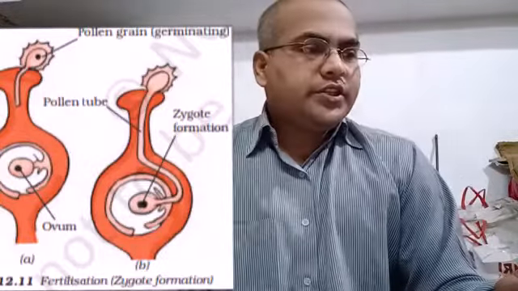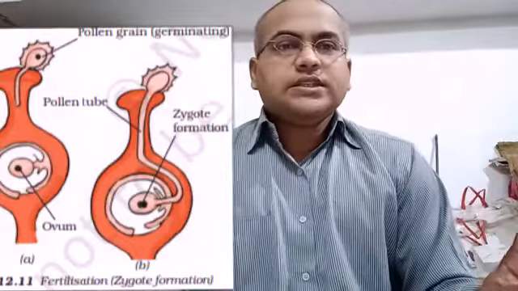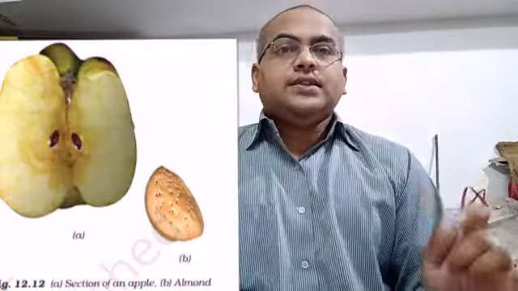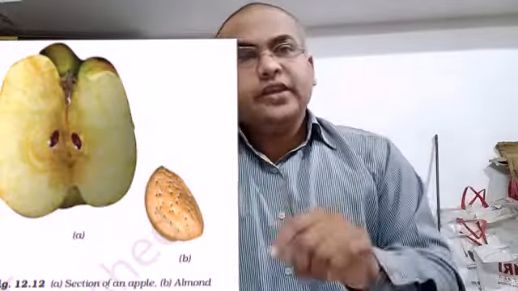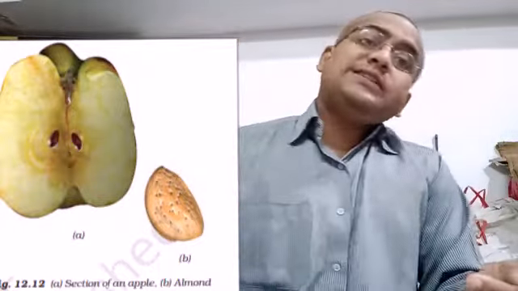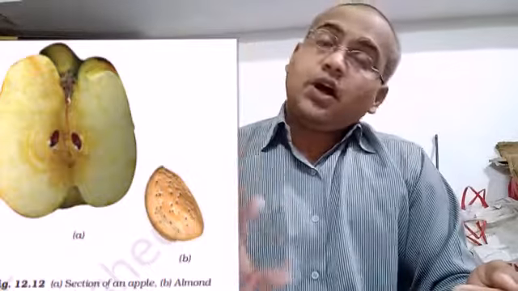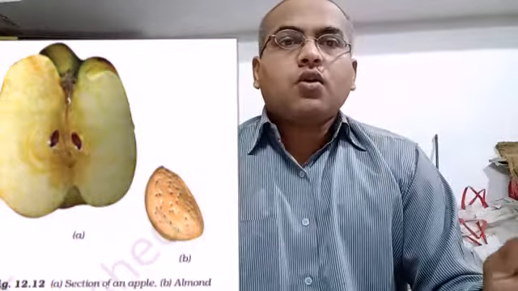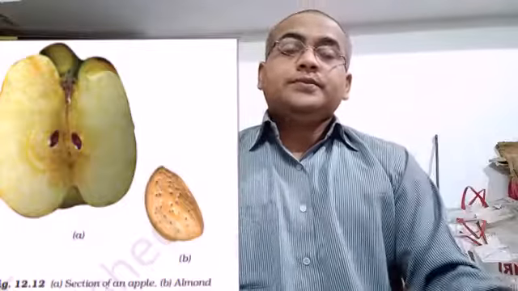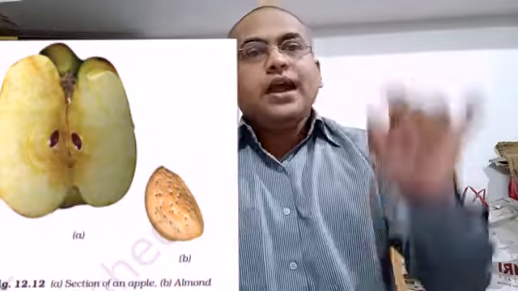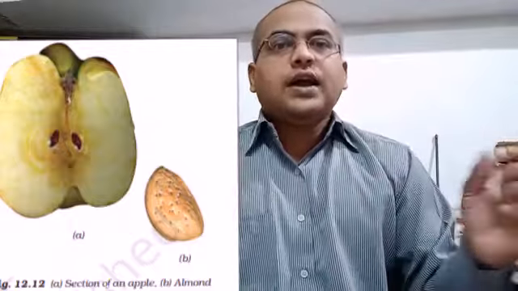After the pollen falls on the stigma, a tube-like structure will grow, and through it the pollen will travel, reach the ovule and match with the egg.